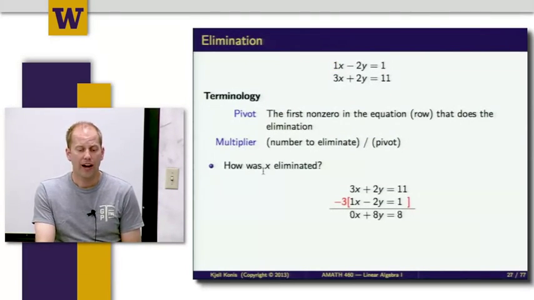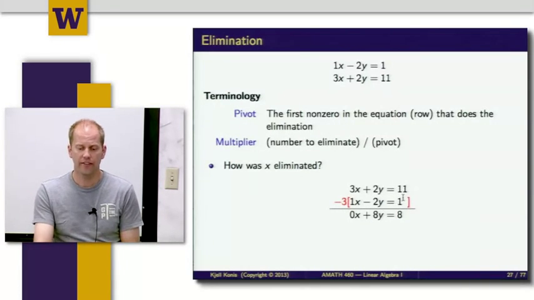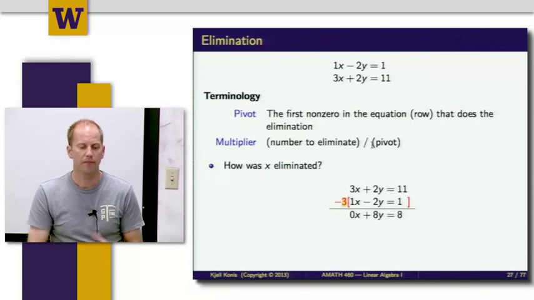And then if you think about what actually happened when I substituted that expression in for x, so when I substituted x equals 2y plus 1, this is sort of what I was doing. I was adding negative 3x. And so what I'm going to do is take this negative 3. The 3 is the multiplier I worked out when I want to eliminate. What I'm going to do is take negative my multiplier times the row that's doing my elimination.